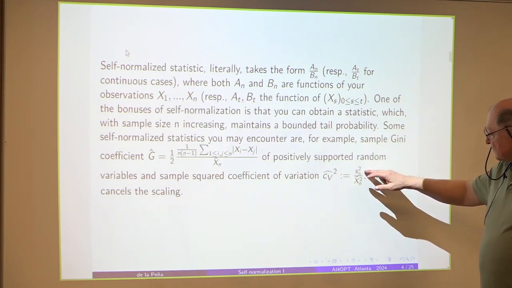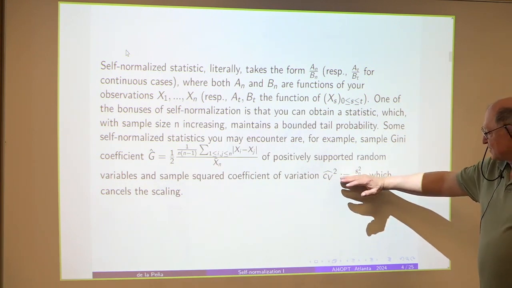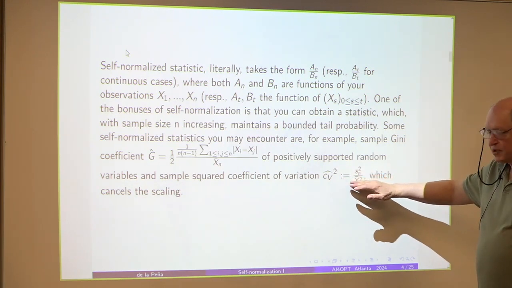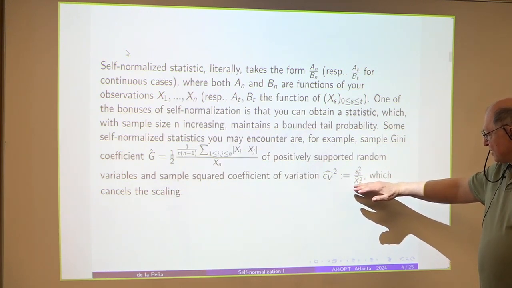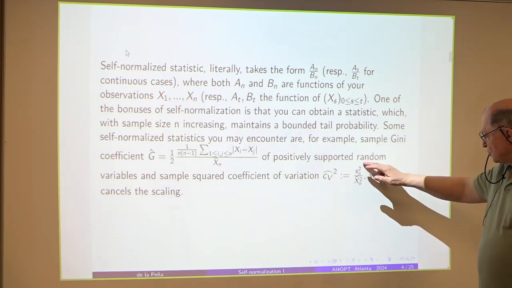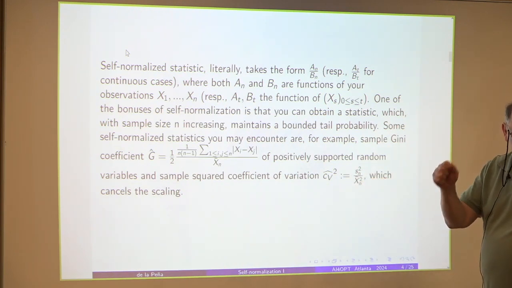You see, this is a very difficult thing to study because it's not just an expectation, it's the expectation of a ratio. And there's a trick of Karamata that allows you to get the exact expectation in terms of the marginals.